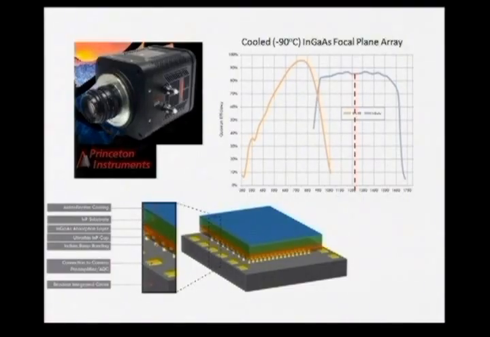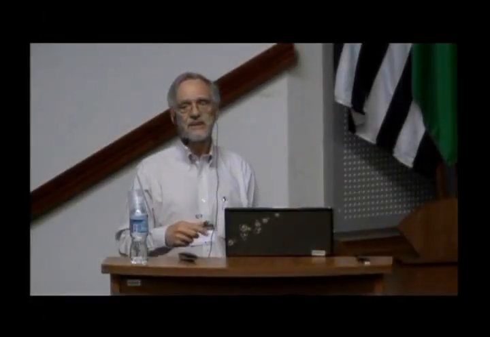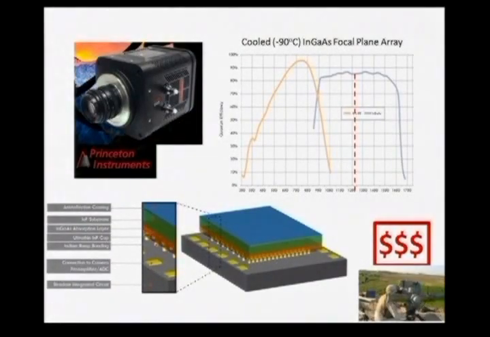I think Princeton quoted me like $170,000 for this. It's enormously expensive. This is a byproduct of the military research. These are not developed for singlet oxygen. They're developed for targeting.